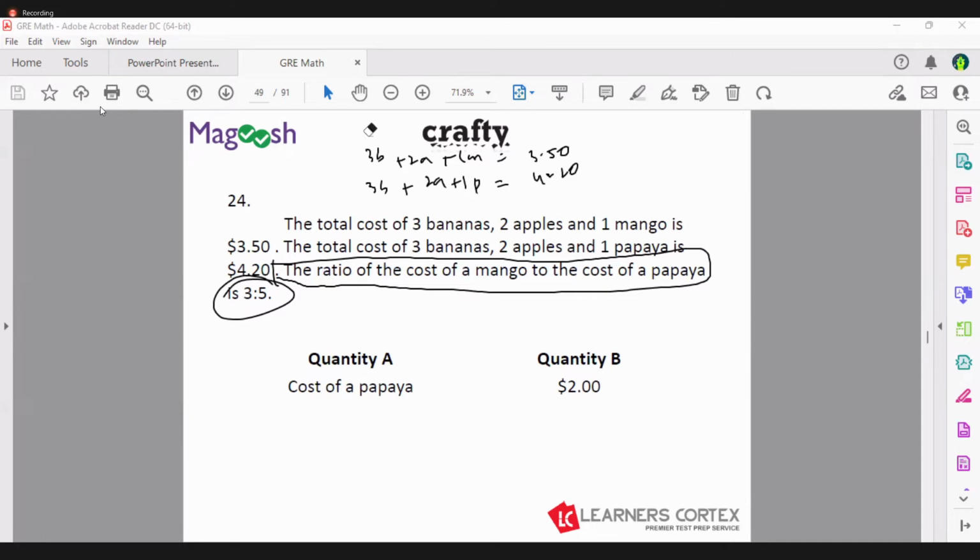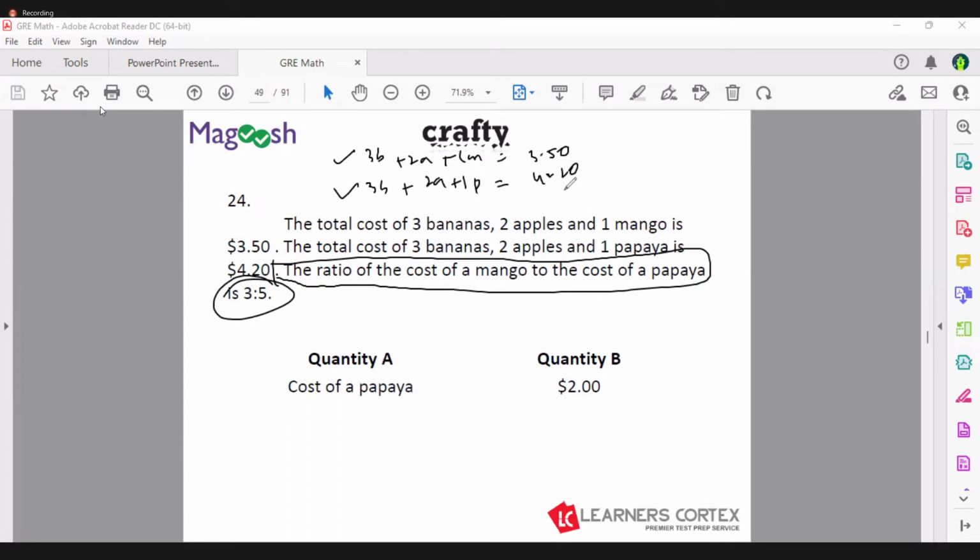Okay. So first thing, we can use these two equations, not ratios, and subtract the first equation from the second. So 3b plus 2a plus 1p equals $4.20 minus 3 bananas, 2 apples plus 1 mango equals $3.50.